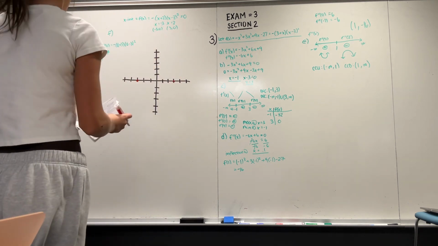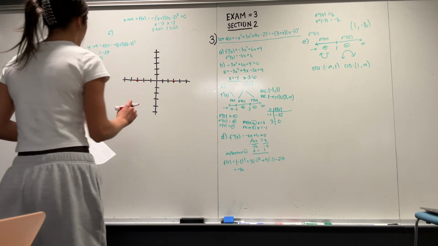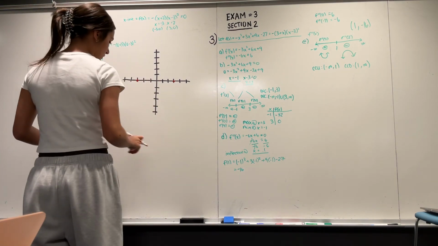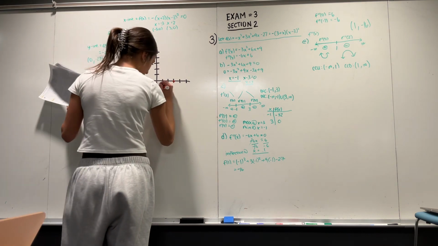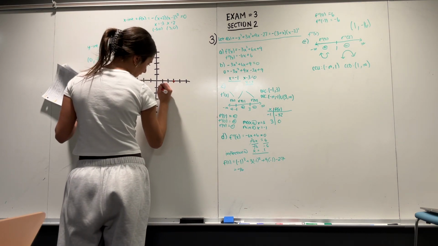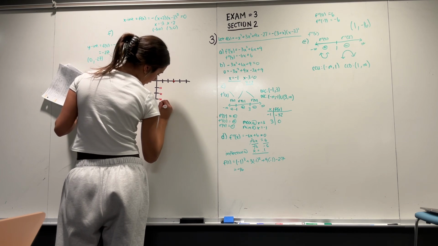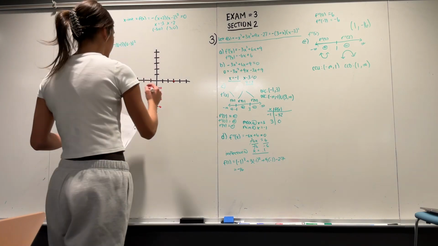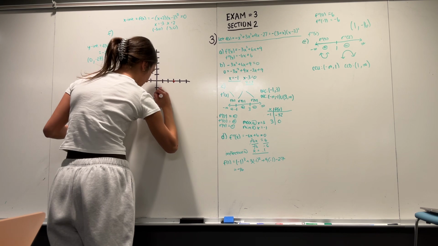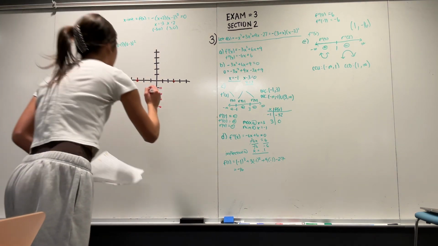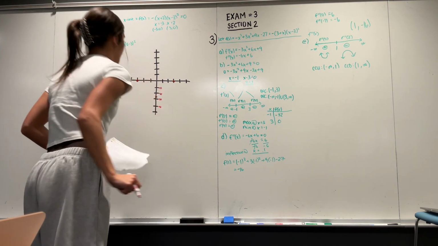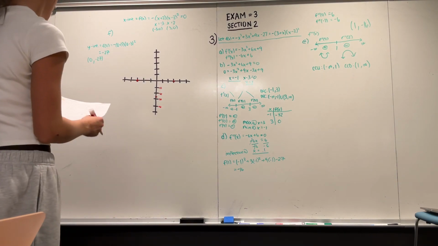And we also figured out that our y-intercept is at 0, negative 27. This is going to be 10, negative 10, negative 20, negative 30, negative 40, and so on. So our negative 27 is going to be about here. That's our negative 27, and that's our y-intercept.